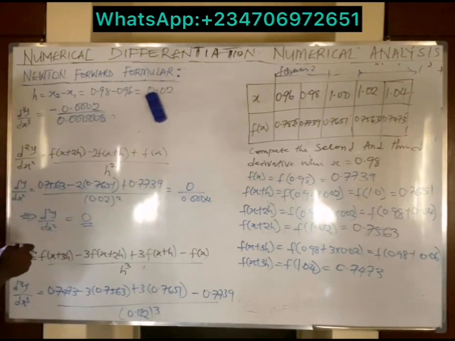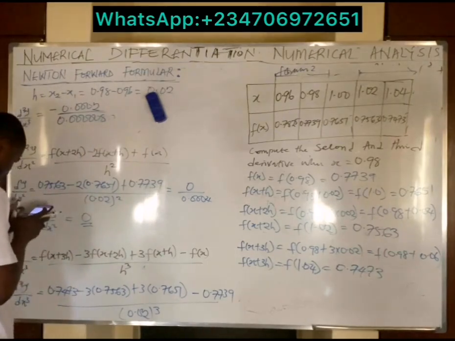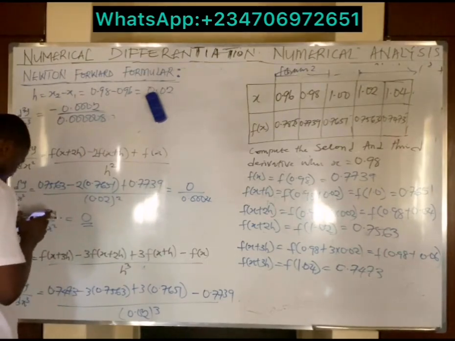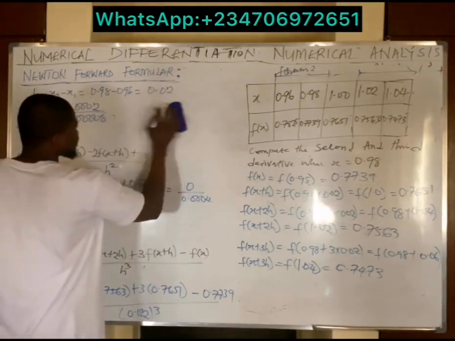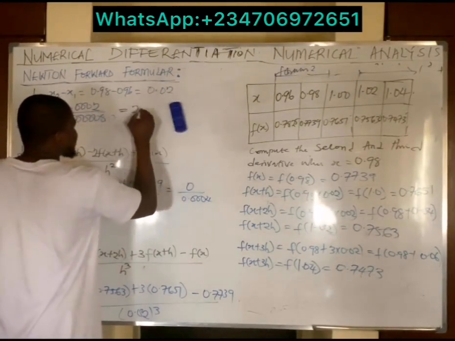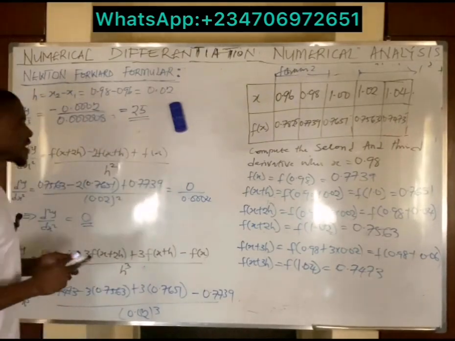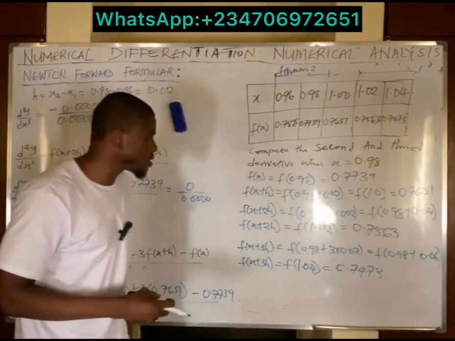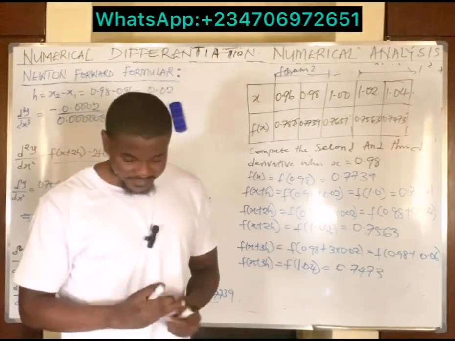So let's find 0.0002 divided by 0.000008. That simply gives us 25. So the third derivative approximation when x is equal to 0.98 is actually 25.